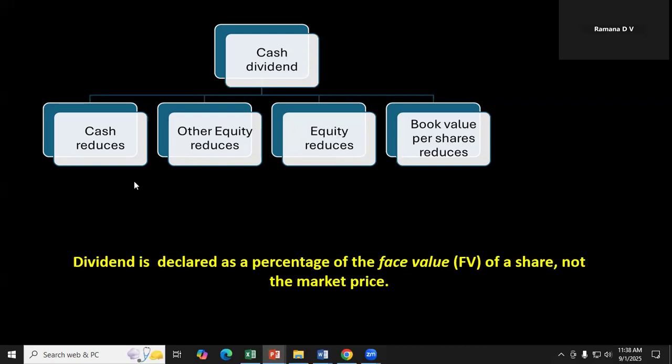And there is no change in the number of shares, so the book value per share falls. So, all other things remaining constant, the declaration of the cash dividend leads to a fall in the book value per share. Therefore, it affects the price also.